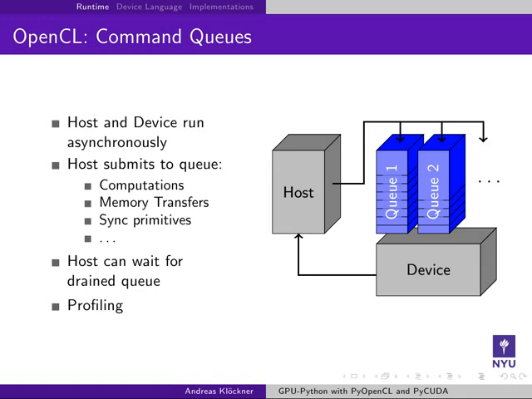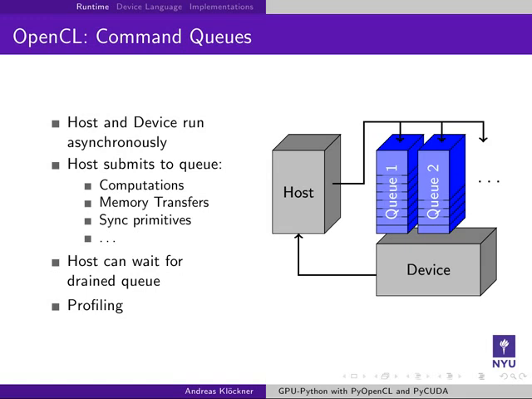This command queue thing is the program representation of this queue. So if you want to do something with this queue, say wait for it to drain, or see if there are still commands pending, this is the object that we talk about. In CUDA, there's a direct correspondence to this called stream. I like the word command queue better.